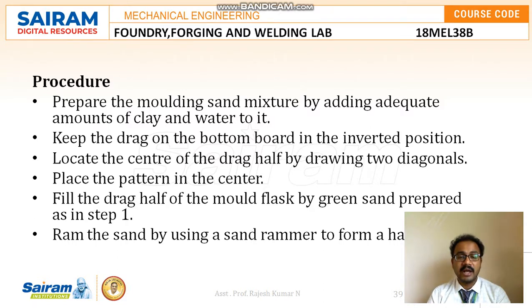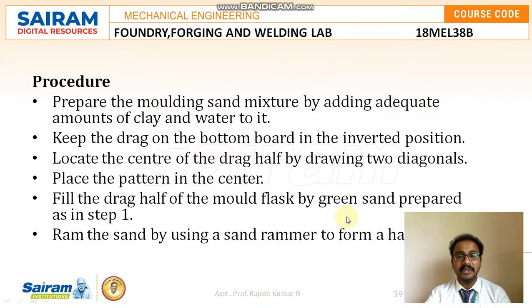Afterwards, fill the drag half of the mold flask with green sand prepared as in step 1. Then we need to ram the sand using a sand rammer to form a hard mass. Here we need to constantly hit with the sand rammer, because the more we hit, the less gap we get. Of course, it is impossible to make a zero gap, but by constant hitting we can reduce the gap between the sand particles.